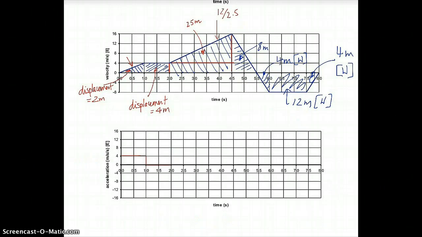If I take my calculator, 12 divided by 2.5, I get 4.8, so 4.8 meters per second per second. So I'm trying to draw that on there, 4.8 meters per second per second, something like this, and that goes all the way to 4.5 seconds.